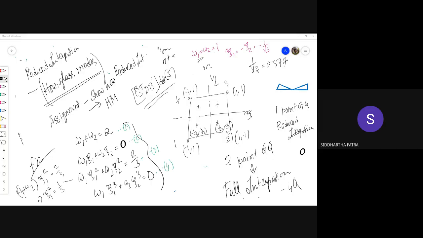That's all I'm saying. There is no way you can have only two integration points, that means two weights and two coordinates, with any combination of weights and coordinates, and get a better approximation than the Gauss quadrature. That's all my claim. 2-point Gauss quadrature can exactly integrate up to a cubic function.